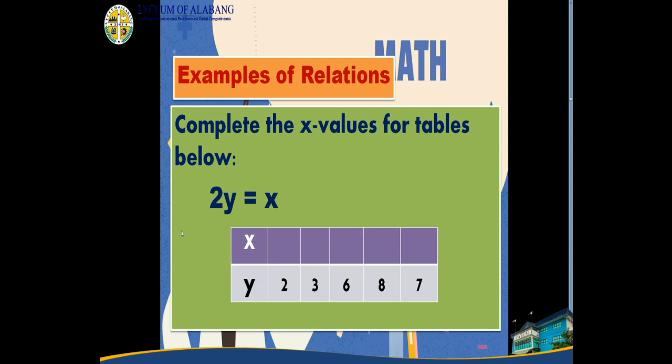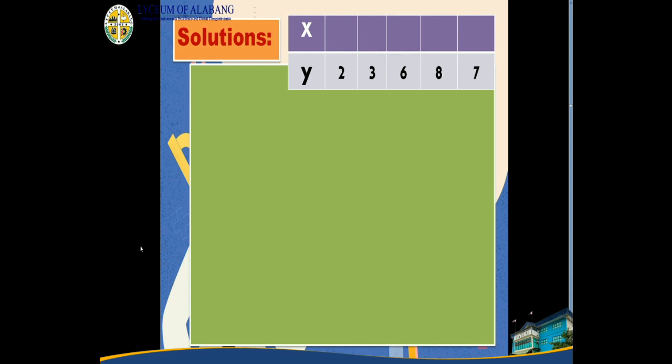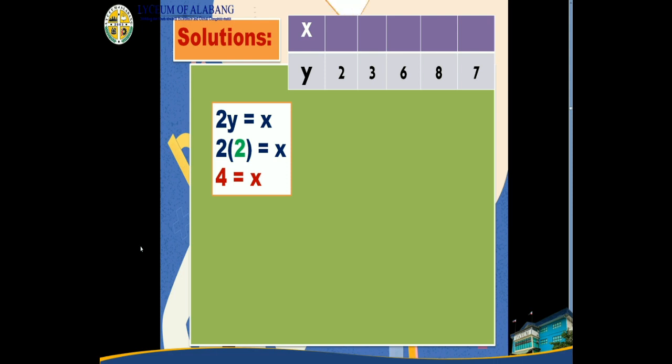To complete the x values, substitute the y values into the given 2y equals x. Solutions. Using the first value of y, which is 2, we have 2y is equal to x. 2 times 2 is equal to x. Therefore, x is equal to 4.